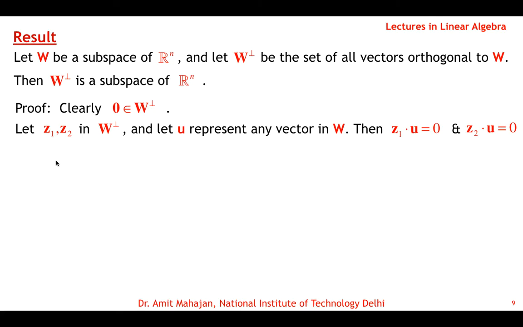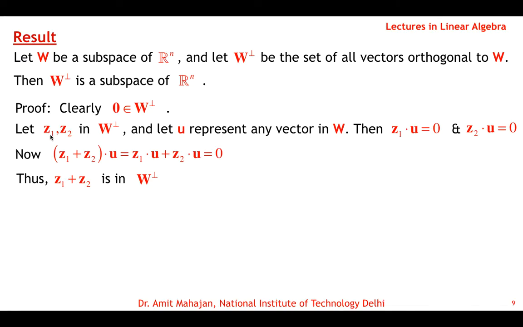Now if we calculate (z1 plus z2) dot u, then easily you can see that it is z1 dot u plus z2 dot u, and because these two are 0, this sum is also 0. So z1 plus z2 is a vector which is orthogonal to u, so z1 plus z2 belongs to the W perpendicular set, because u belongs to the W set.